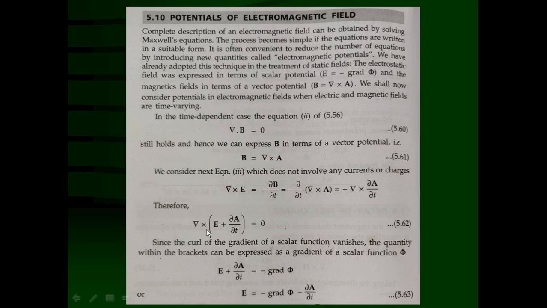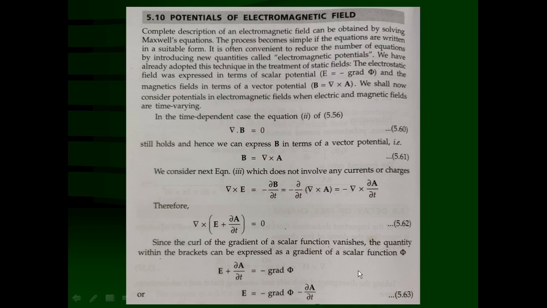So what this means is the curl of the bracket, E plus del A upon del t, is equal to 0. When is the curl of something going to be 0? The curl of a gradient of some scalar function always vanishes. So it indicates that inside the bracket, E plus del A upon del t is nothing but the gradient of some arbitrary function.